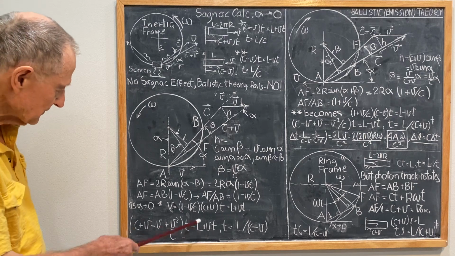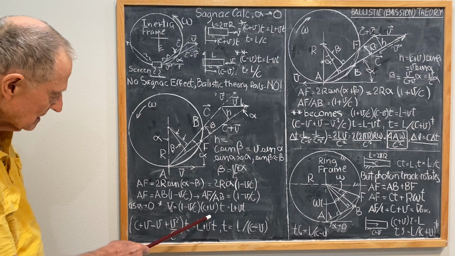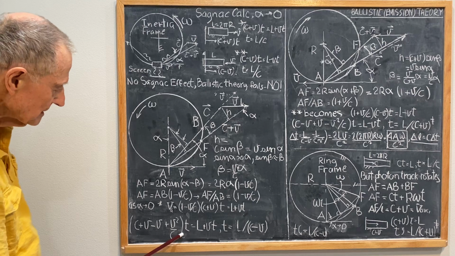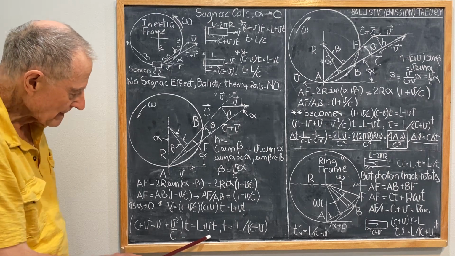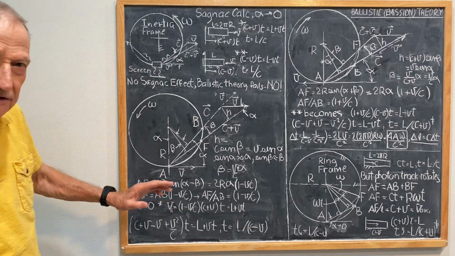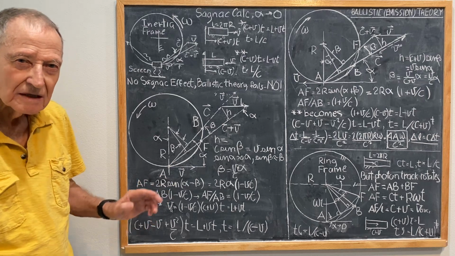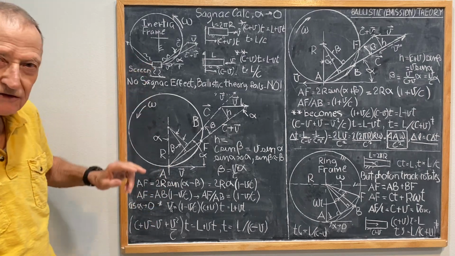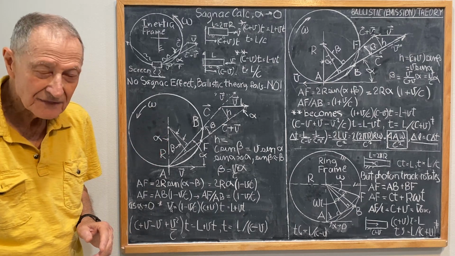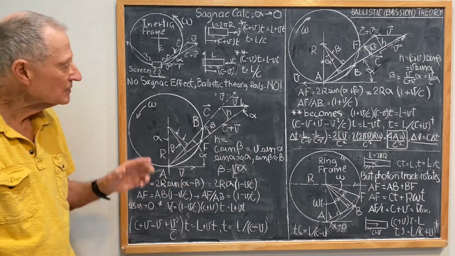All right, so if you expand this, you get c plus v minus v plus v squared over c. These terms cancel, and you get ct equal L plus vt, which is t is equal to L over c minus v, which is the result that you get if you assume that the absolute value in the inertial frame of the photon on the rotating ring is equal to c, which I guess you might call the Einstein assumption, but that's incorrect.